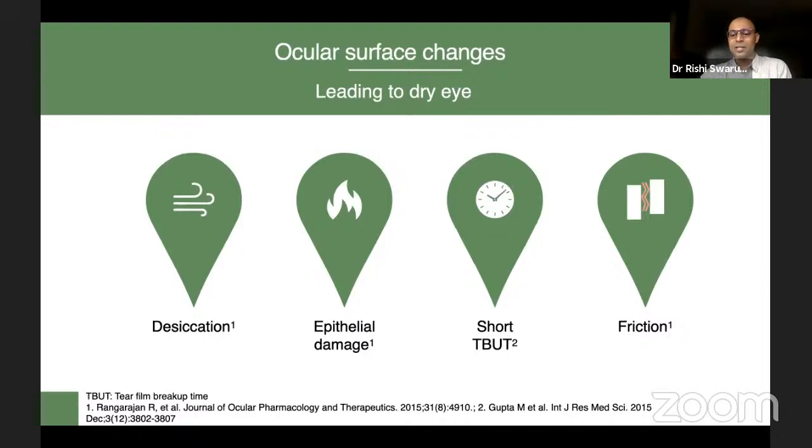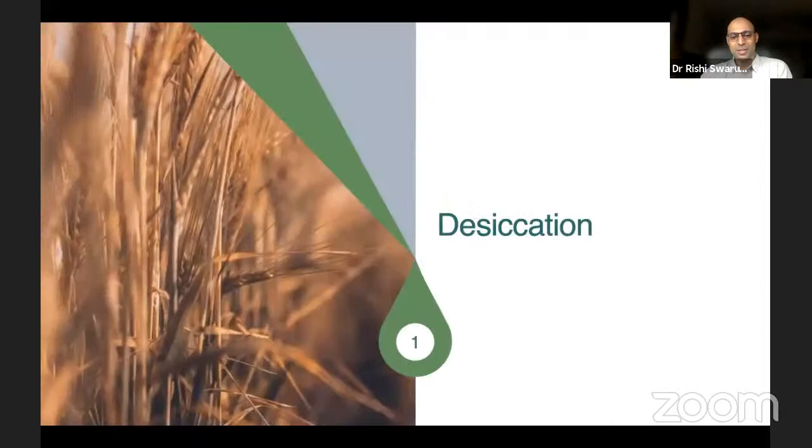It's a combination of all these factors, and also probably an element of surface inflammation, which leads to postoperative dryness in most of these situations. Also, in post-LASIK, there's an element of neurological loss, which is playing a factor, and we'll touch upon that in the subsequent slides. So let's touch upon all these 4 factors one by one.